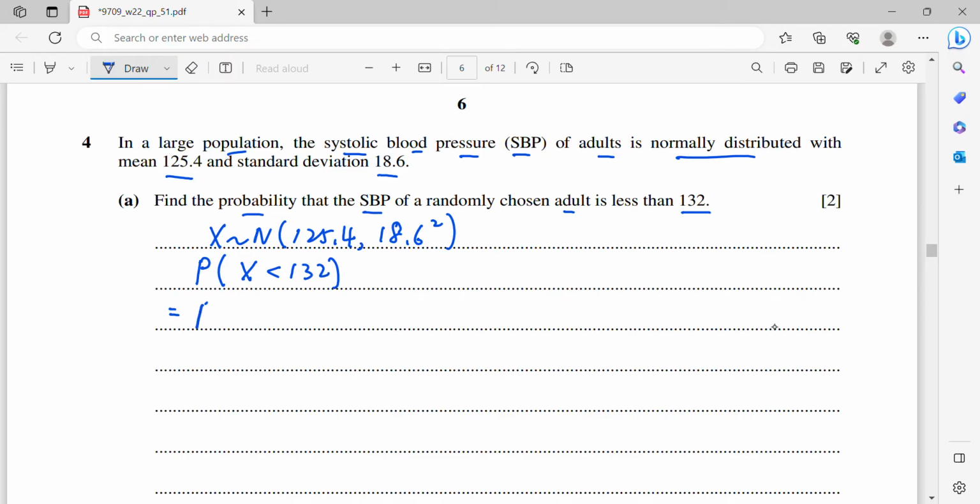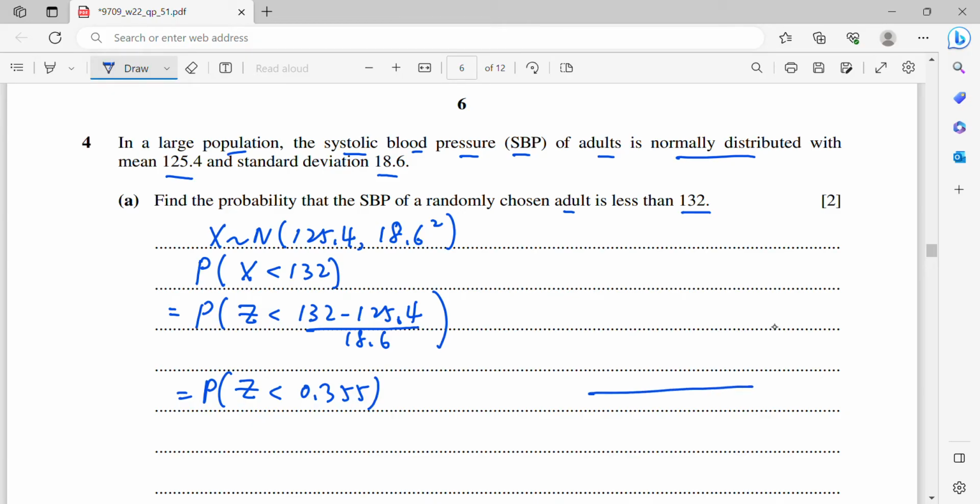Okay, so now standardize it. So Z less than (132 minus 125.4) over the standard deviation, which is 18.6. Now when you calculate the value, it is Z less than 0.355.